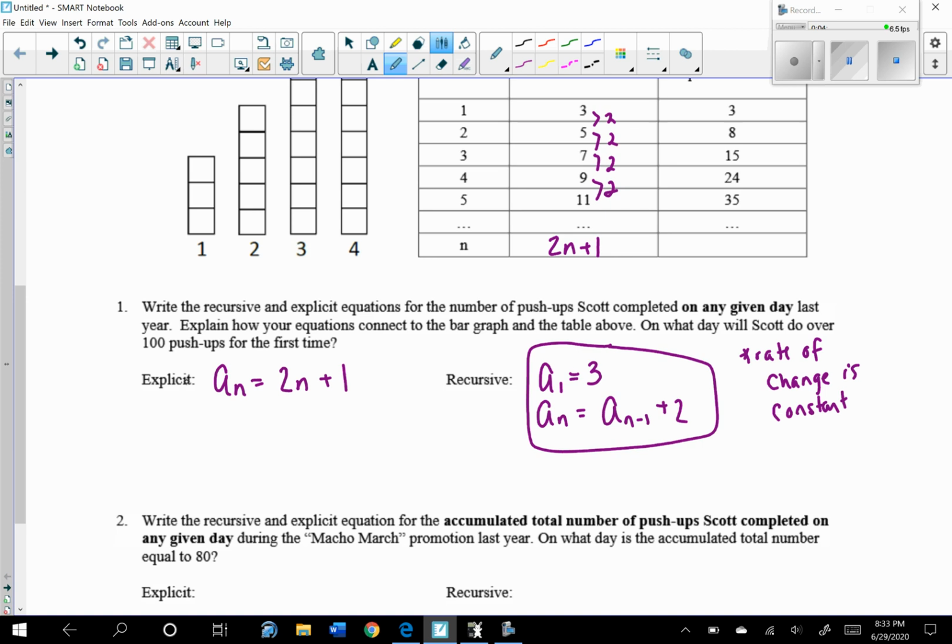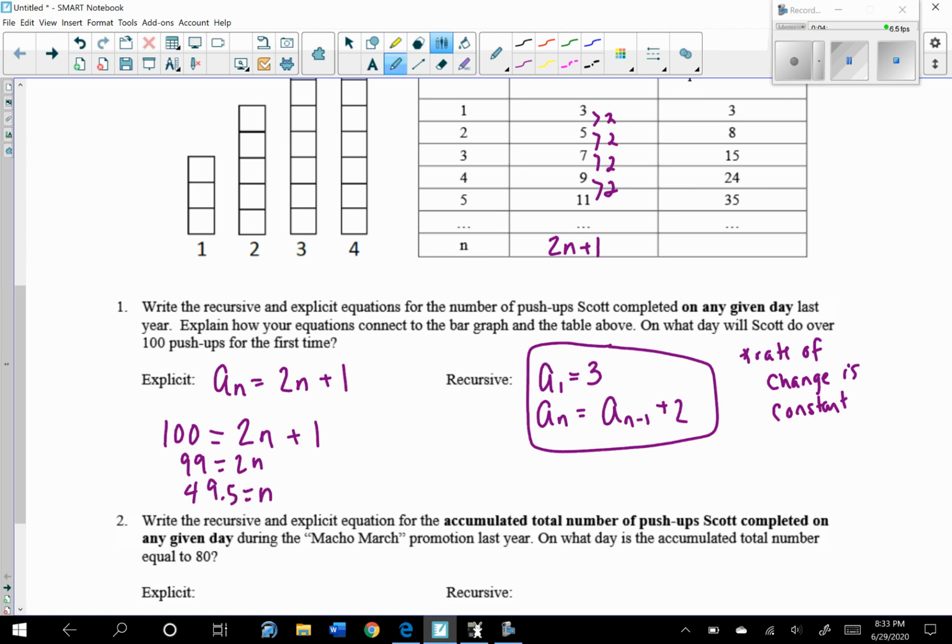So on what day will Scott do over 100 push-ups? That's saying our n term is 100, and we're solving for n. So subtract the 1, divide by 2, and we get 49.5.